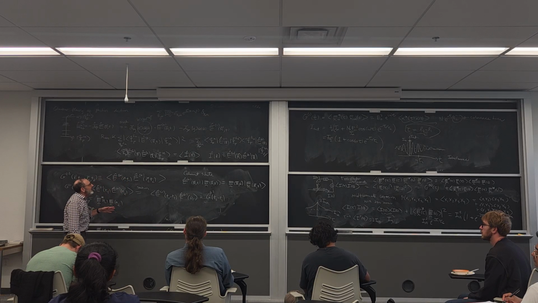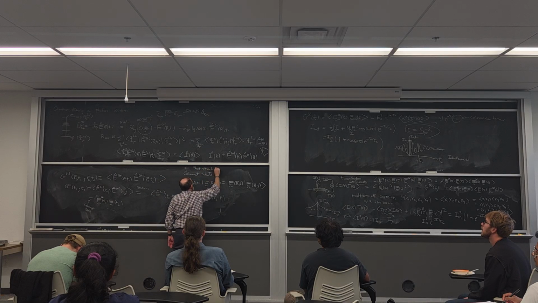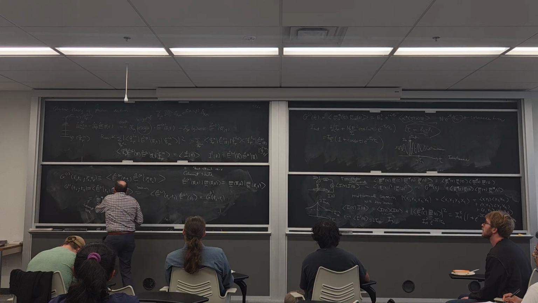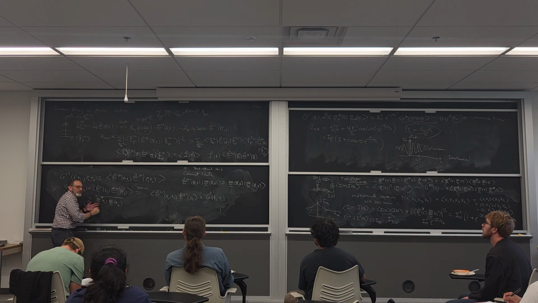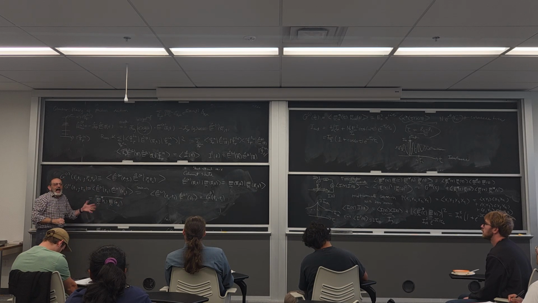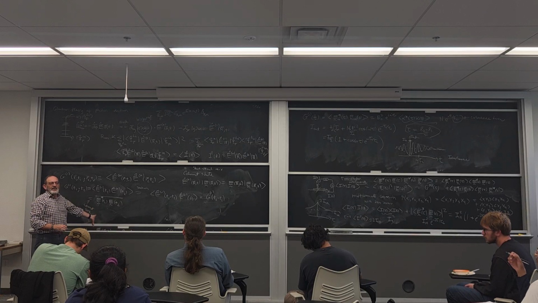And if I had a statistical mixture of coherent states, then this thing would just be the statistical mixture of all those guys. And so for classical light, this thing looks exactly the same.